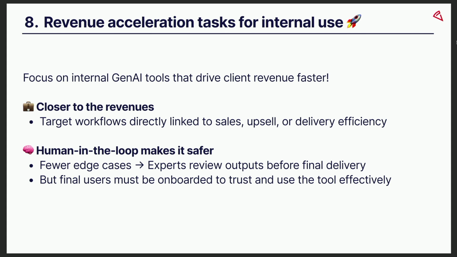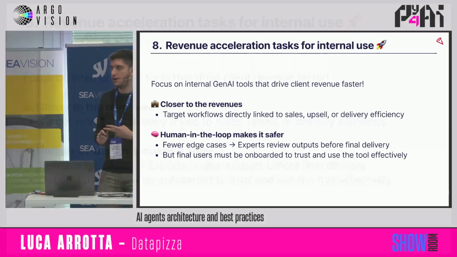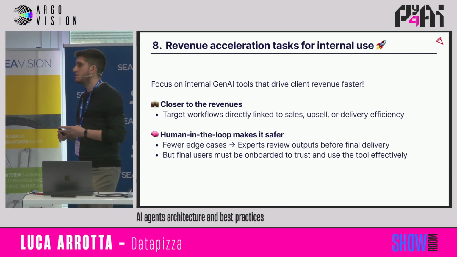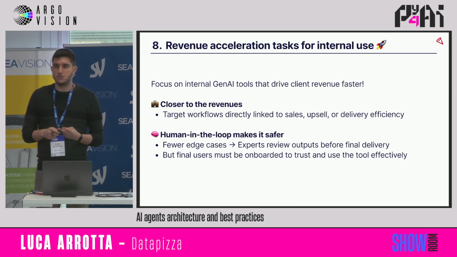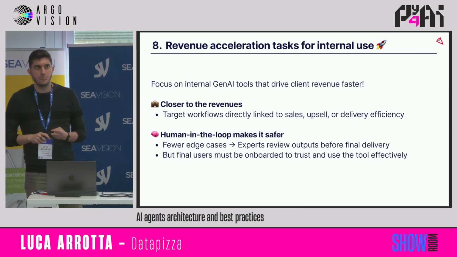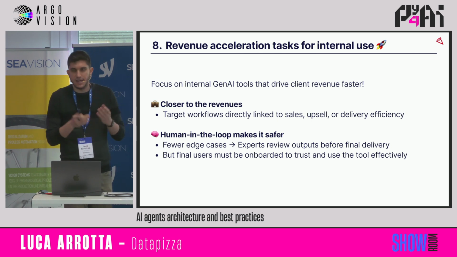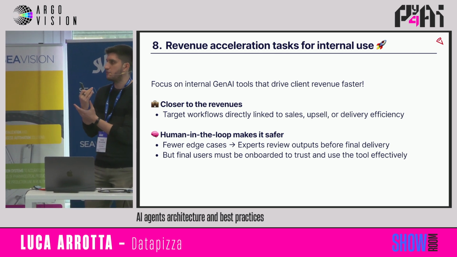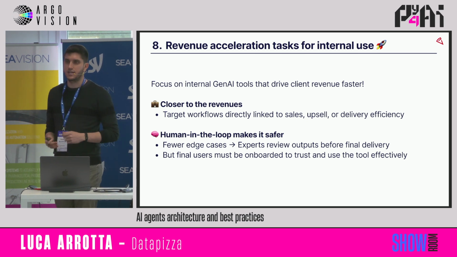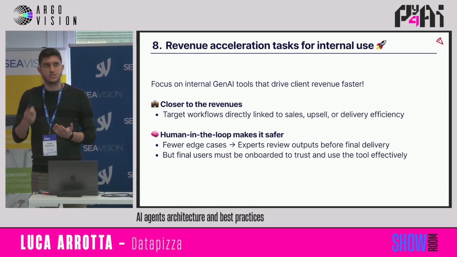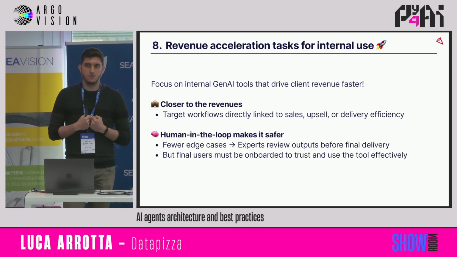And the second thing is that they facilitate your delivery, because typically revenue acceleration use cases are, for example, a chatbot used by the salespeople of the company. This means that this chatbot will be used internally by the company.